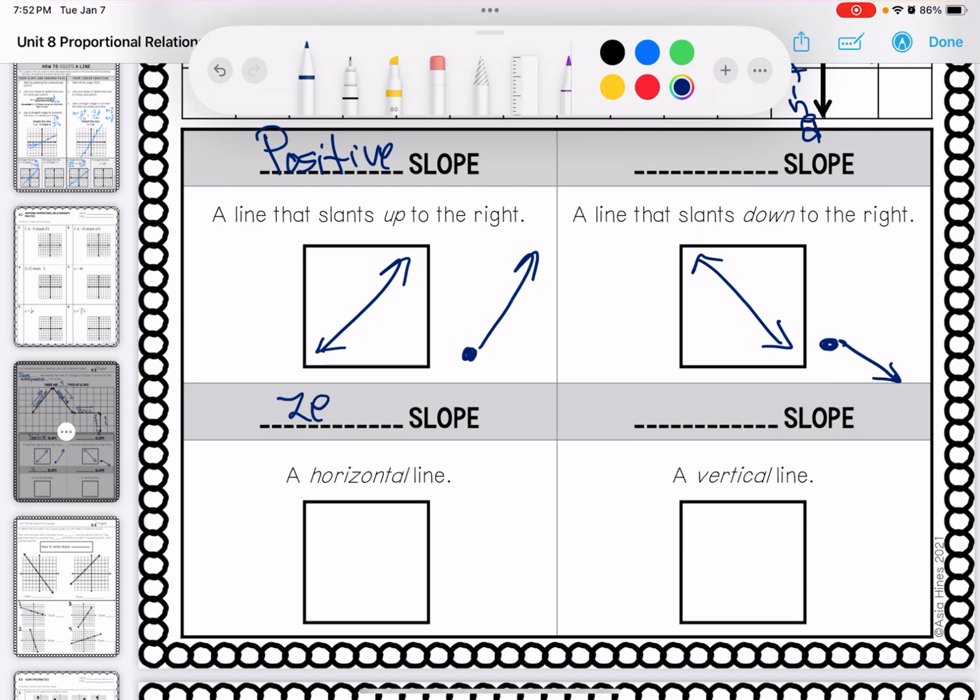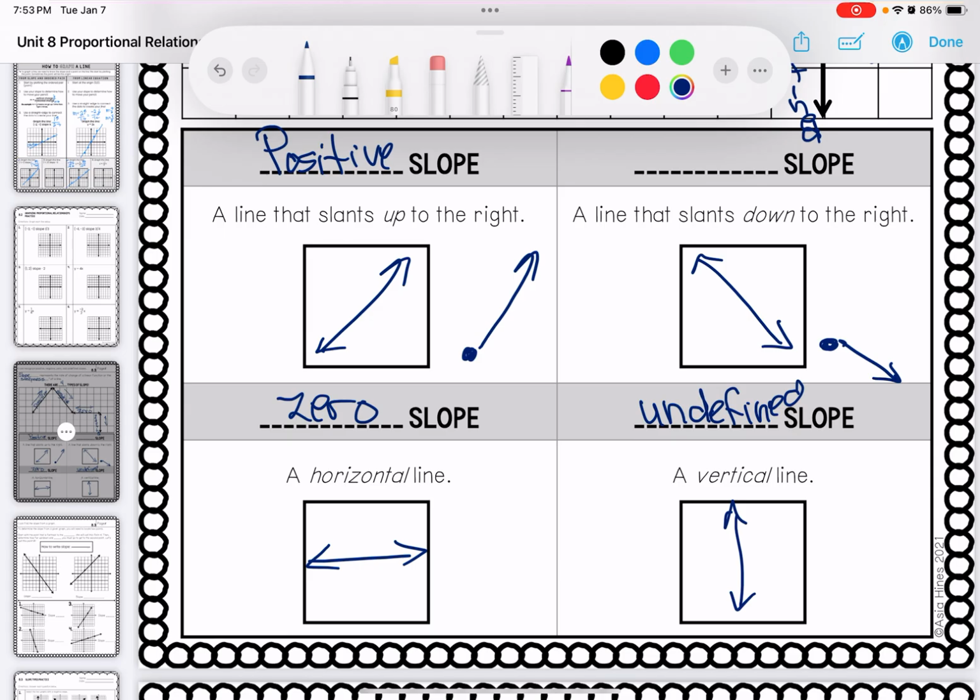Zero slope, horizontal line this way, left to right. So this will either be on or parallel to your x-axis. And undefined, that means you're going straight up and down, kind of like bouncing a ball.